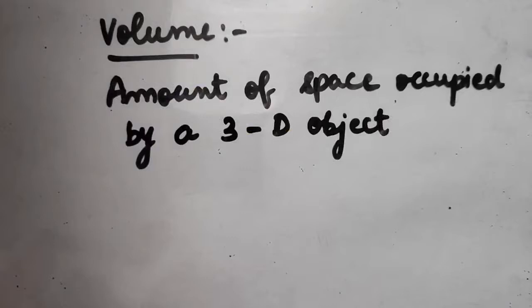For example, the volume of a room is greater than the volume of an almirah kept inside it. Similarly, there are other examples which you can consider. Now let us talk about a few important points regarding the volume.